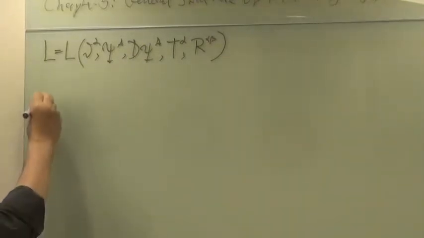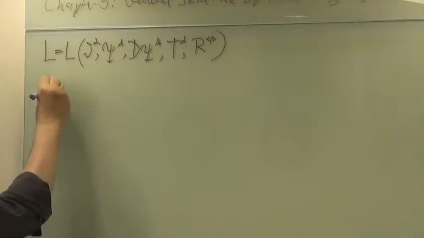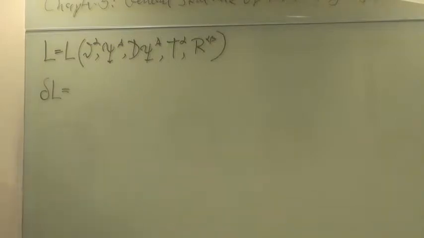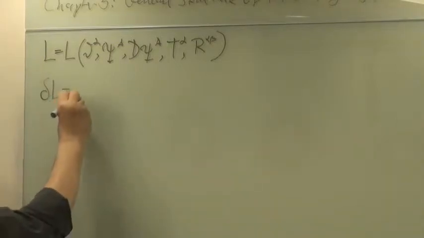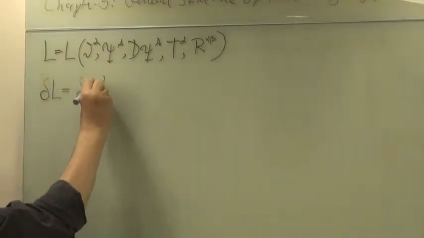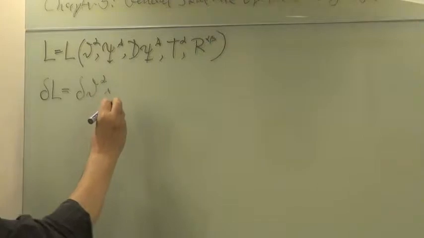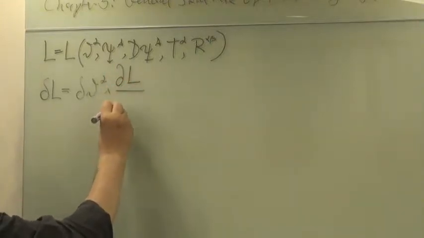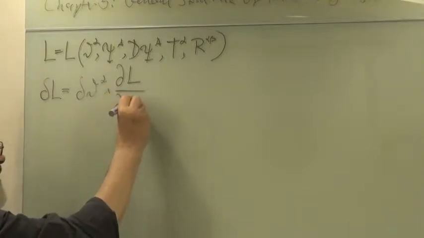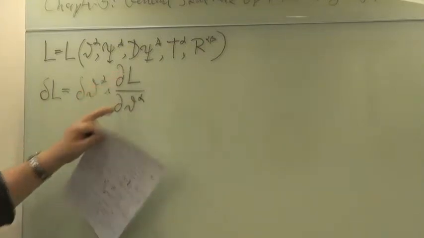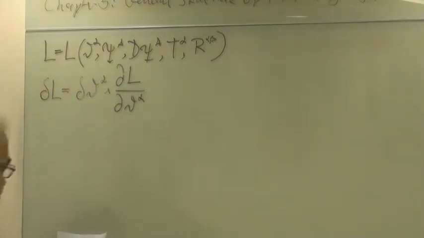So what you do is first you vary the Lagrangian. And the variation of the Lagrangian, of course, you have to vary your independent pieces, so it's a variation of theta alpha, which partial L over partial theta alpha. You can consider that as an implicit definition of this partial derivative.